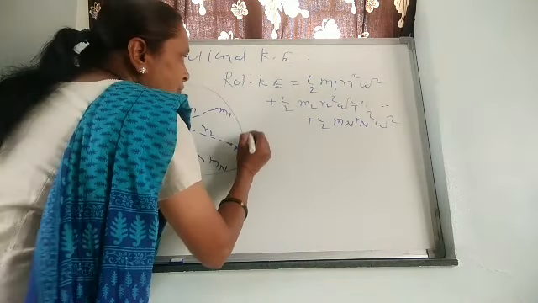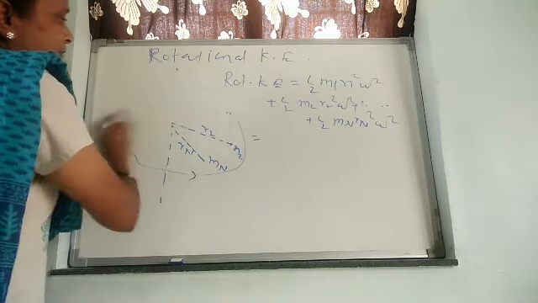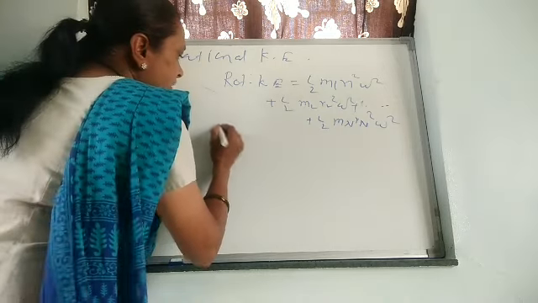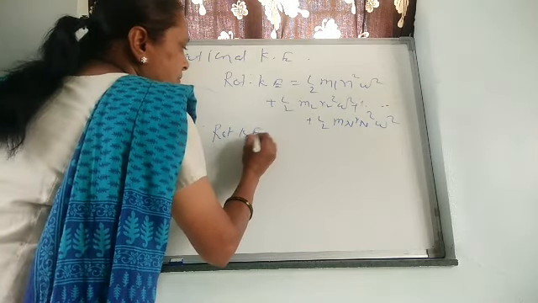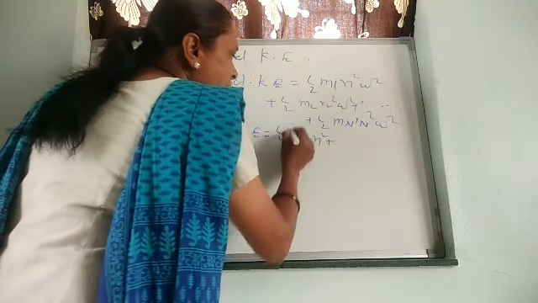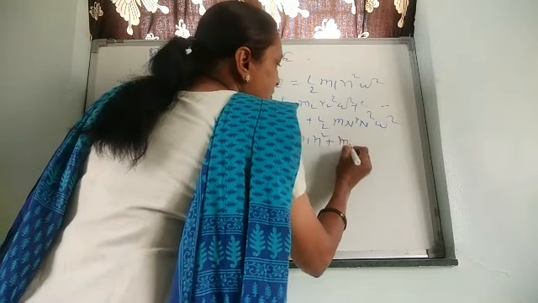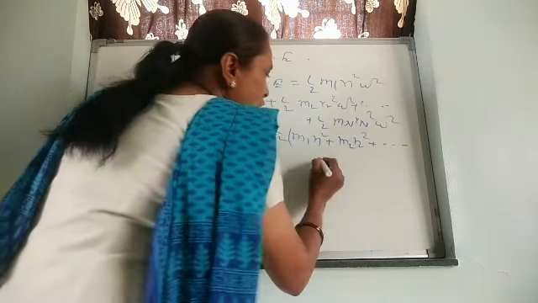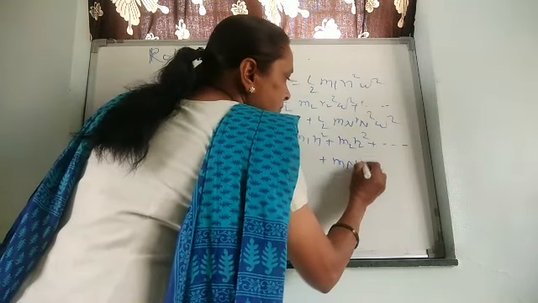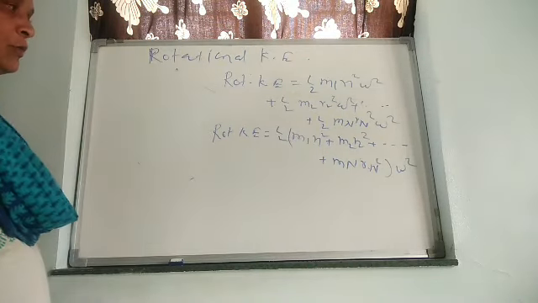Now see here, in this expression for rotational kinetic energy, 1/2 is common, so it will be 1/2 times the bracket m1 r1 square plus m2 r2 square plus dot dot dot plus mn Rn square, and omega square is also common.